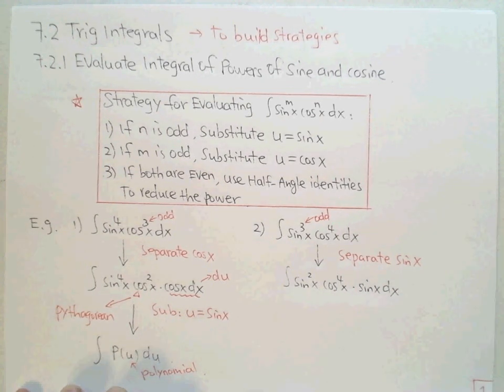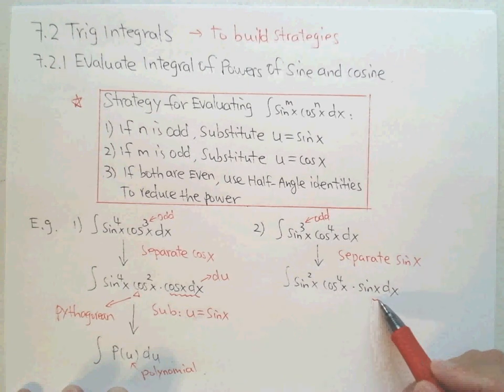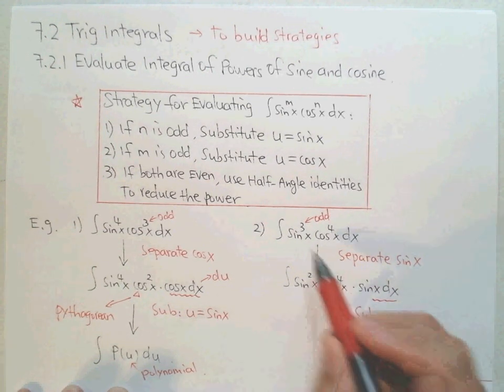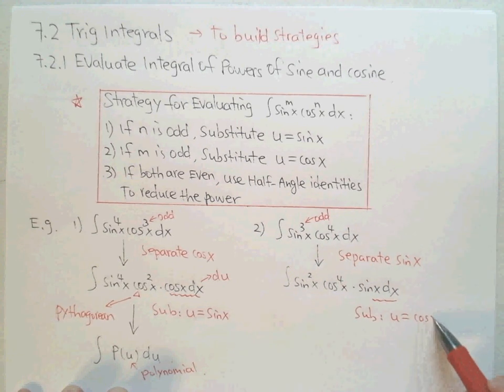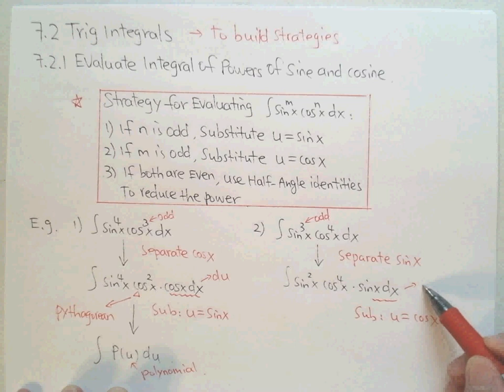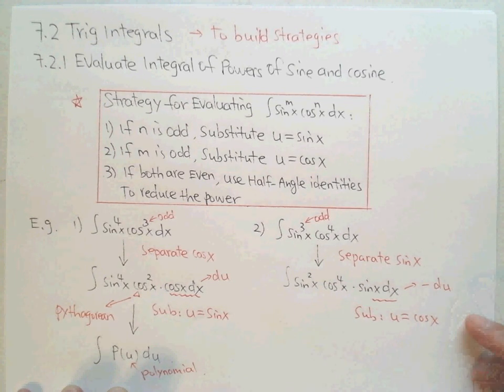Why do we do this? Because we need to do the substitution u equals cosine. If we do this substitution, this is negative du. Negative 1 times du is okay.